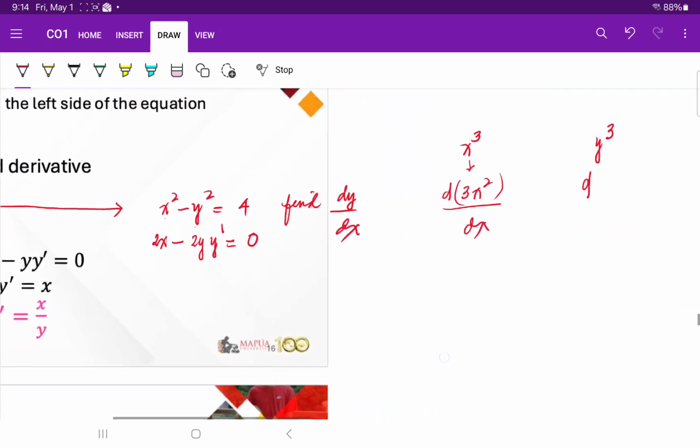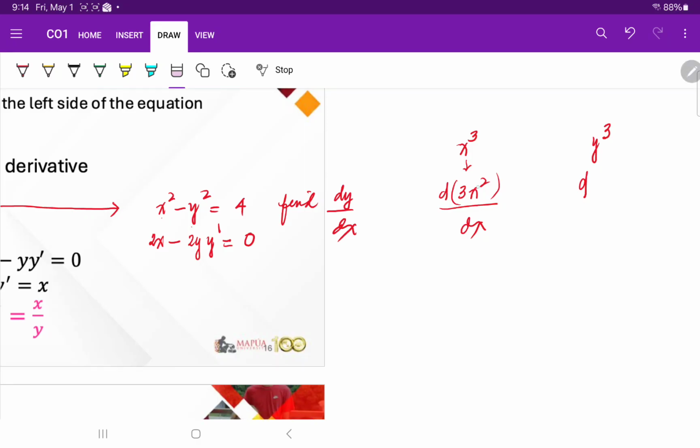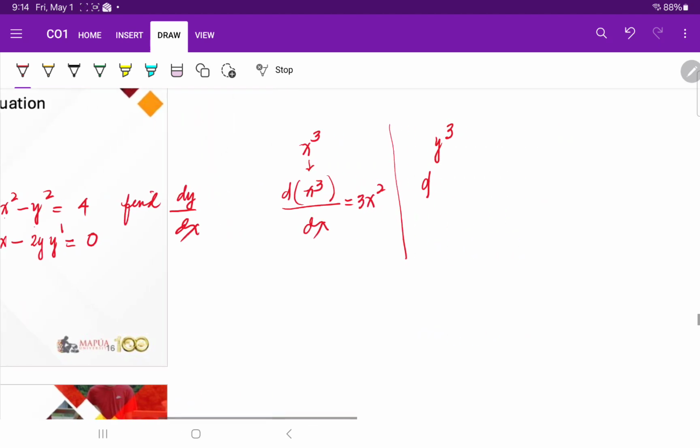Okay, so for this one, the derivative of x cubed with respect to x is equal to 3x squared. But if we're given y cubed, the derivative of y cubed with respect to x is what? 3y squared.